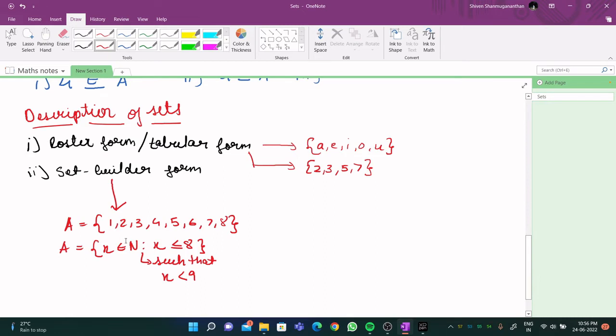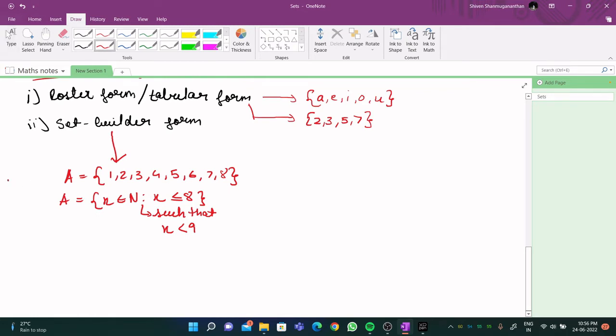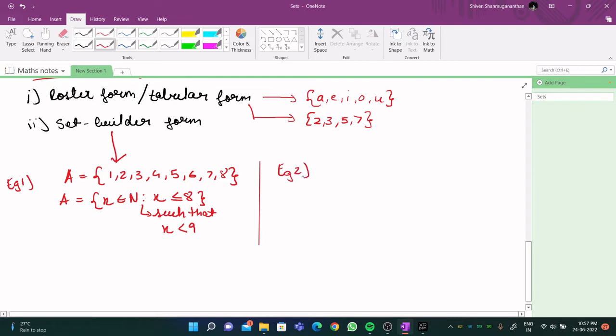Let us take another example. This was example 1. Now I'll do example 2 here. So example 2. Fine. So let A be 0, 1, 4, 9, 16, and this is an infinite set.